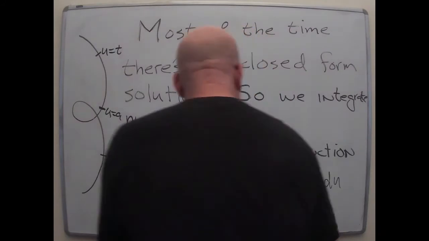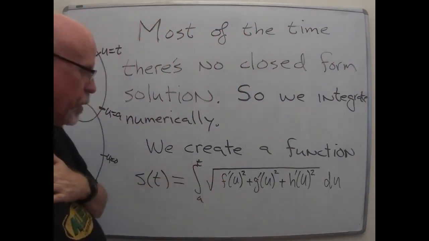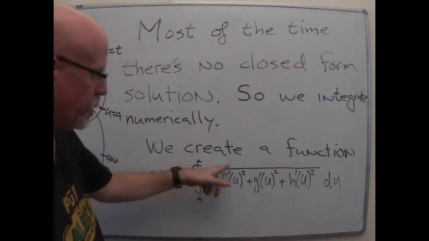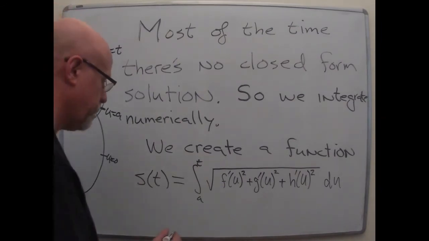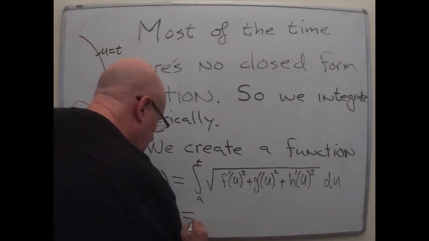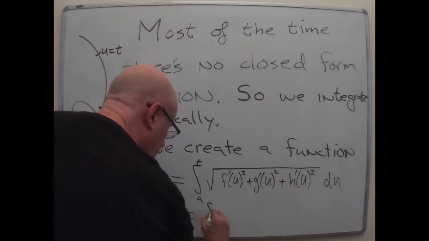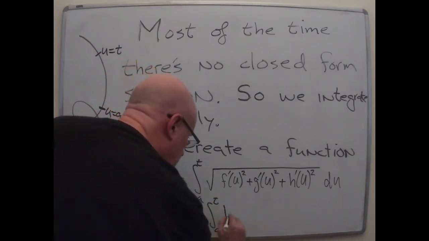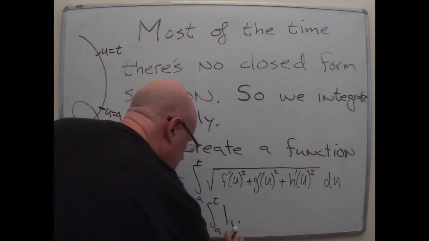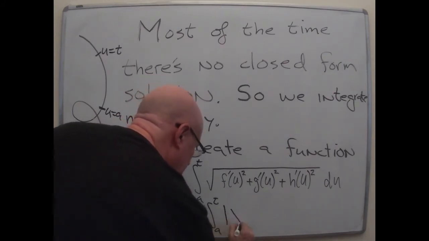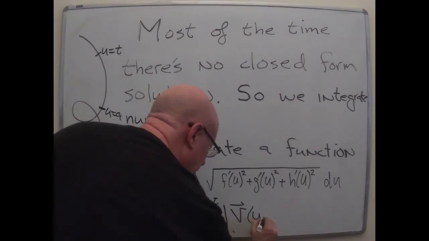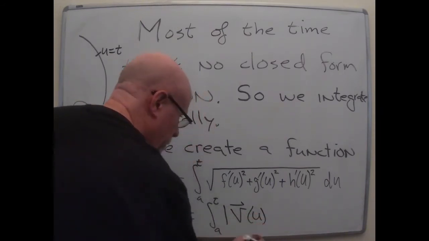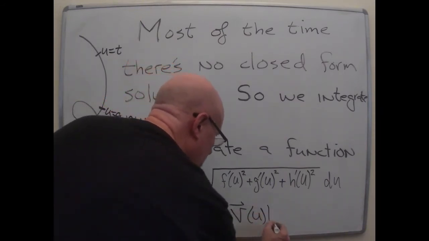It might help us to see this as a vector equation. You see that square root of the sum of the squares? That's just the length of the velocity vector. So you could also write this as the integral from A to t of the length of, excuse me, of the velocity vector, that length changing with time, which we're calling u for right now, du.